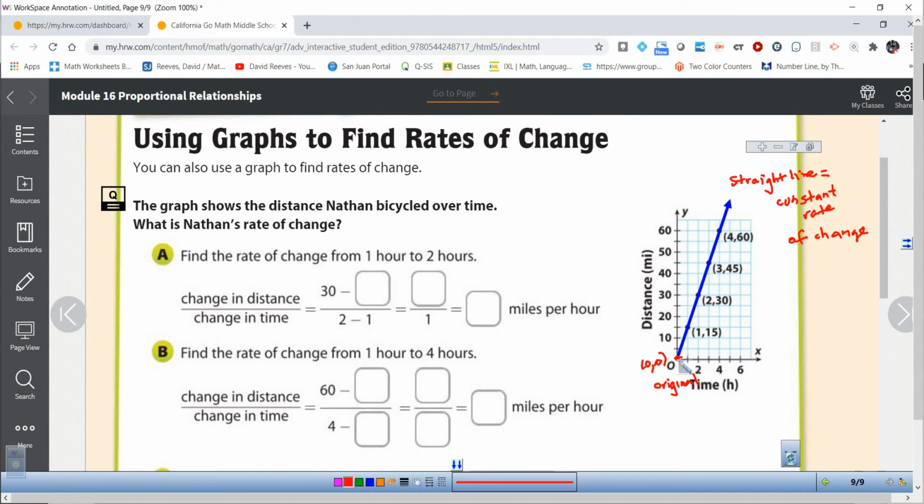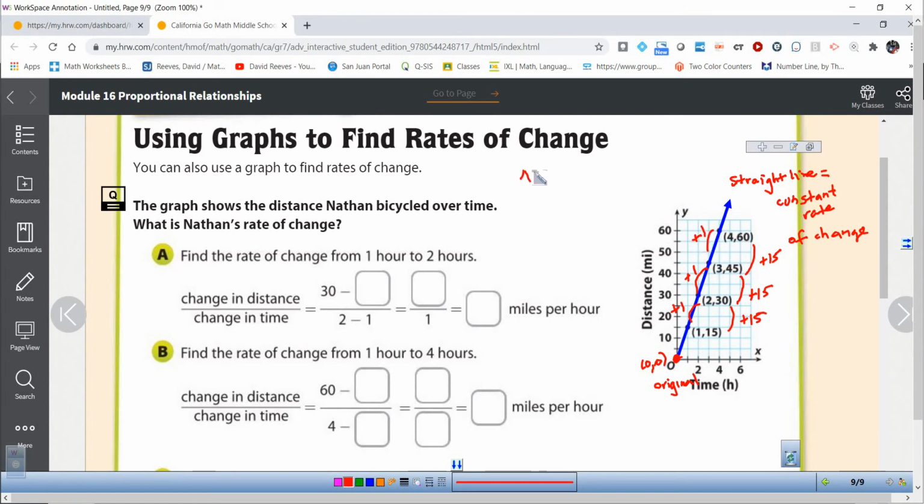When you see a straight line that passes through the origin, or passes through the point (0, 0), that means it is a proportional relationship, right? So again, if we take a look at each of these, the change in y is plus 15, plus 15, plus 15, and the change in x is plus 1, plus 1, plus 1, right?